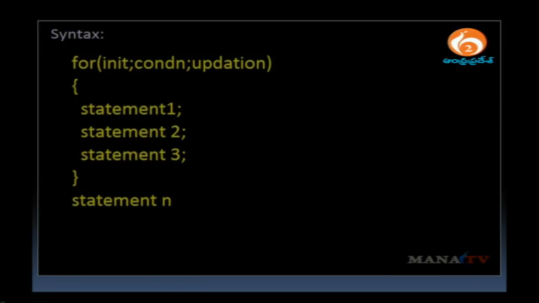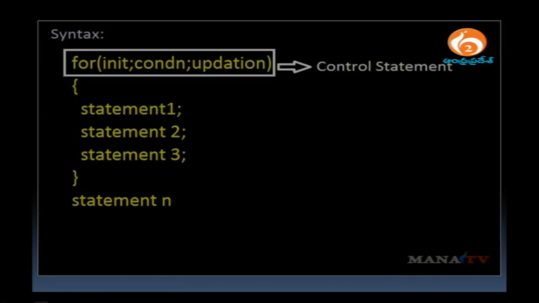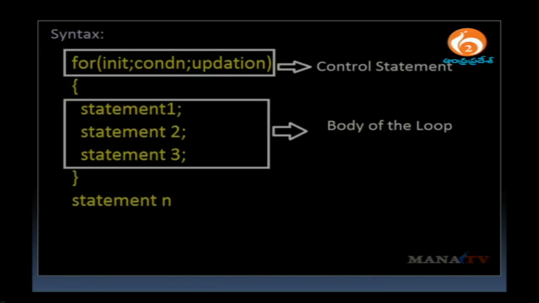This is the syntax. So this is the control statement. Now we discussed that loop statements contain control statements also. This is the control statement. The second one is the body of the loop.